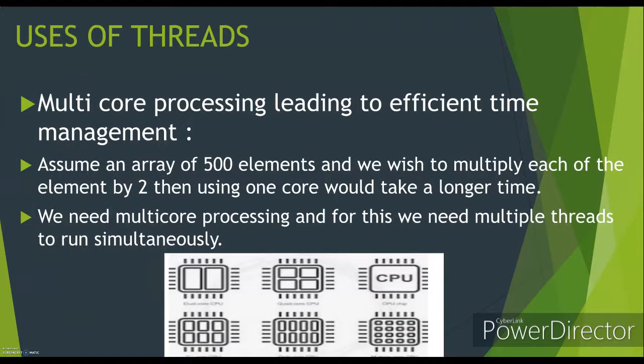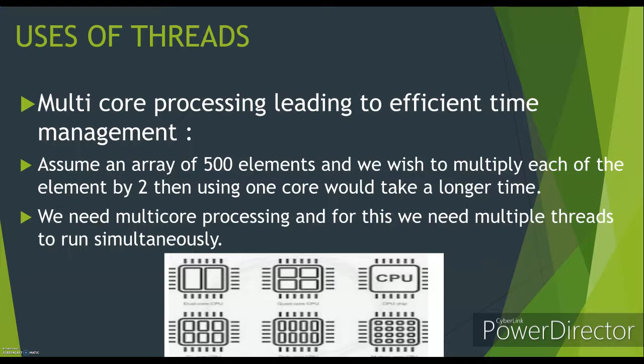Now coming to the topic of uses of threads. Why do we need threads? First is multi-core processing leading to the efficient time management. Nowadays we are living in a world of multi-core processors. We are coming across quad-core processors, octa-core processors or dual-core processors. Assume a scenario wherein you are given an array of 500 elements and you wish to multiply each of those elements with 2.